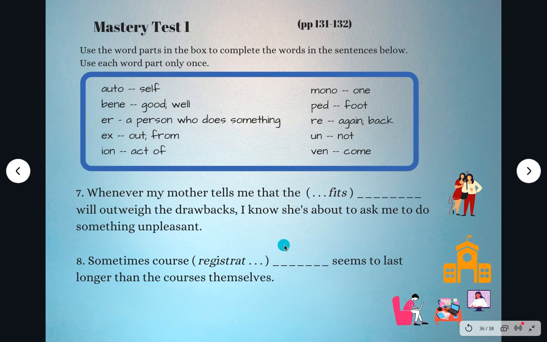Whenever my mother tells me that the something fits will outweigh the drawbacks, I know she's about to ask me to do something unpleasant. So what's the opposite of drawbacks? Something that's perhaps good, positive. Sometimes course registry something seems to last longer than the courses themselves. So, something from over here would work there.